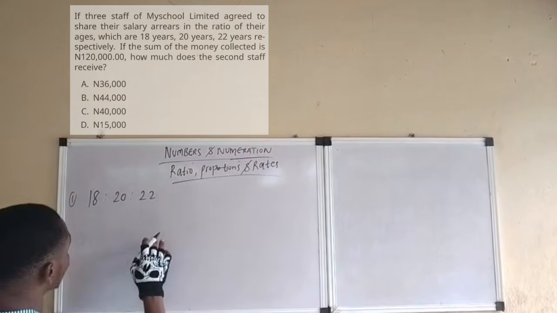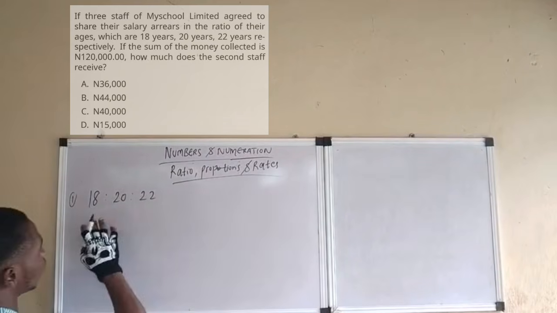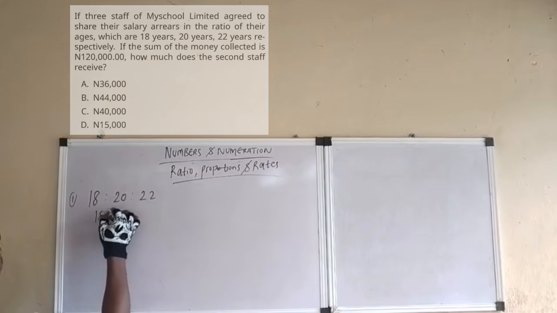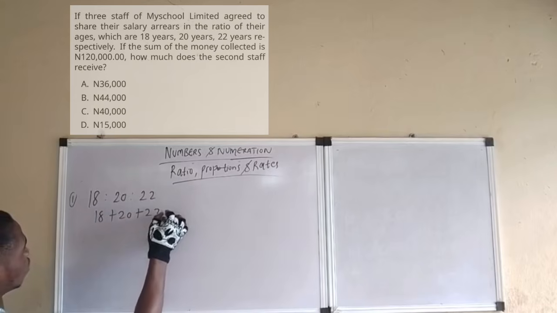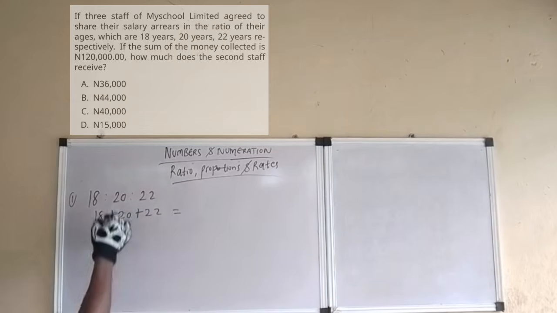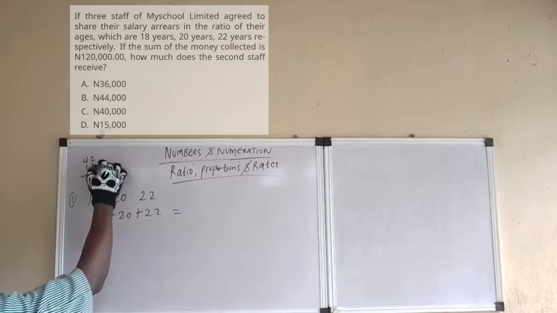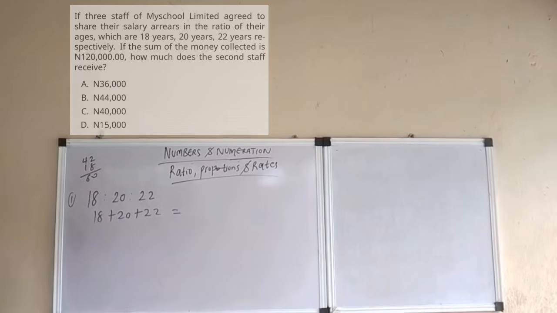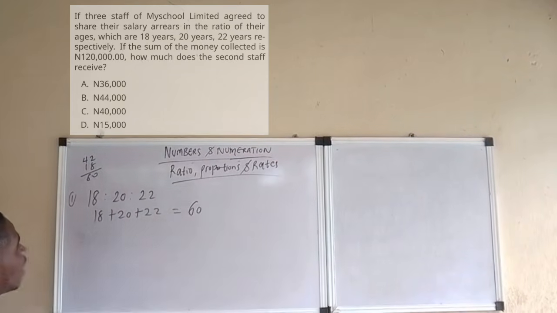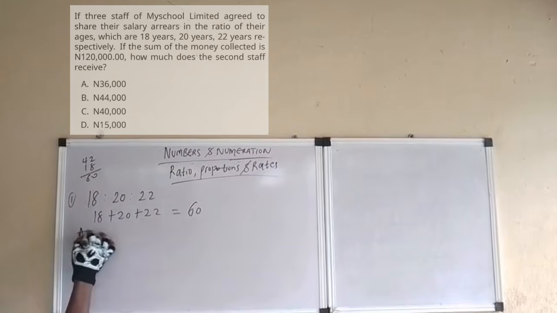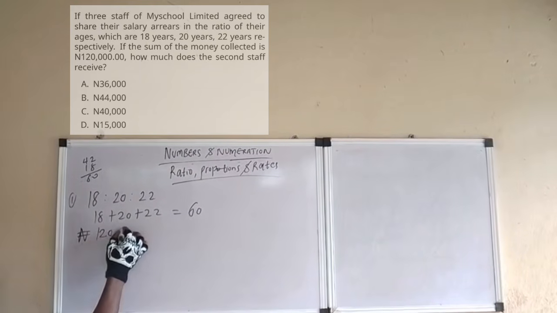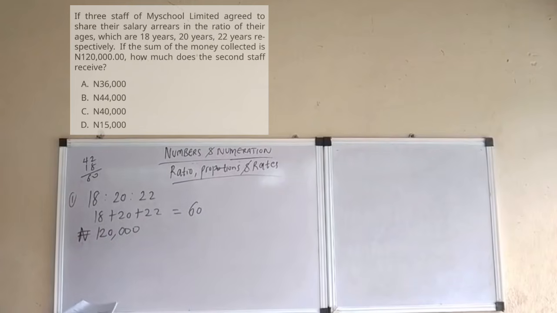Now, once you have done that, get the sum of everything. So 18 plus 20 plus 22. Get the sum. So we are having 42 plus 18, that's 60. All right, so the total is 60. Now, what are they sharing? The amount that they are sharing is 120,000. All right, and we're asked what will the second person receive?